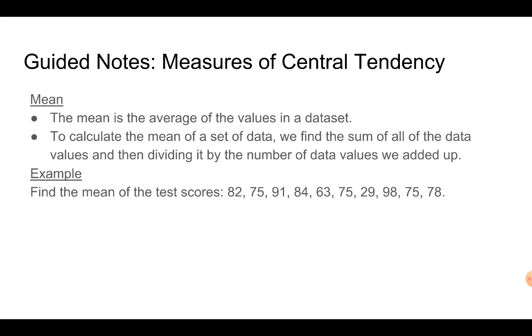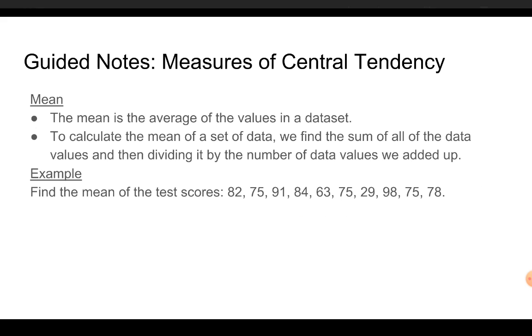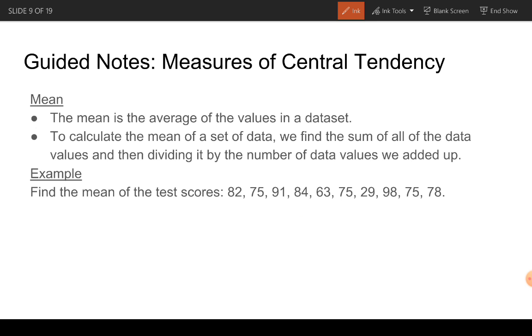First example, find the mean of the test scores 82, 75, 91, 84, 63, 75, 29, 98, 75, and 78. So what we need to do is to find the sum of all of the data values first.